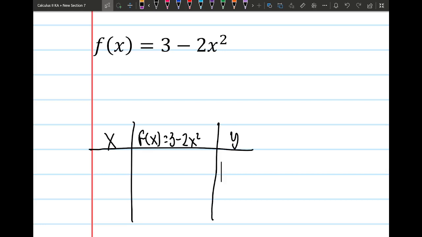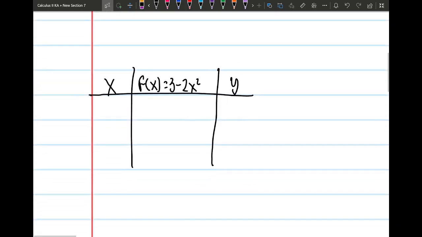We're going to start when x equals -2 and evaluate f of -2. So f of -2 is 3 minus 2 times -2 quantity squared.